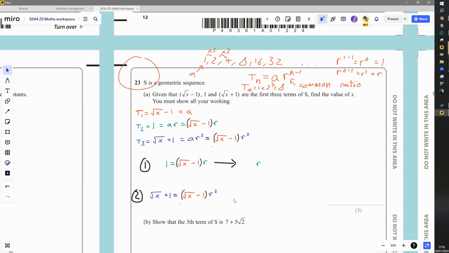So we're making r the subject, and what we're going to do is divide both sides by this bit here. So that's going to be equal to 1 over that bit in orange. Okay, so that's that. And now we're going to put this into this bit here.